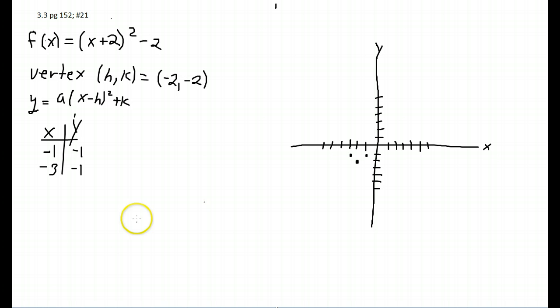Now, what if I put in 0 into my table? 0 plus 2 is 2. 2 squared is 4. 4 minus 2 is 2. So we have the point 0, 2.